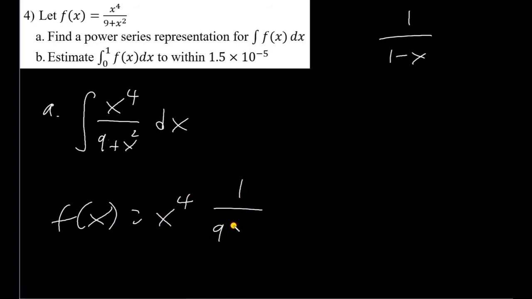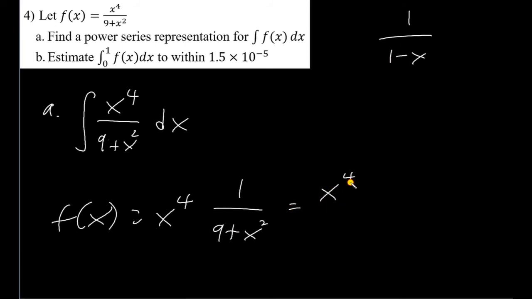So this f of x looks kind of similar already to 1 over 1 minus x, right? All we've got to do is mess with it just a little bit. So first we'll take f of x, and we'll take this x to the 4th and bring it out. So we'll get x to the 4th times 1 over 9 plus x squared. Okay, and notice here there's a 1, so to make this one, I'll pull out a 1/9.